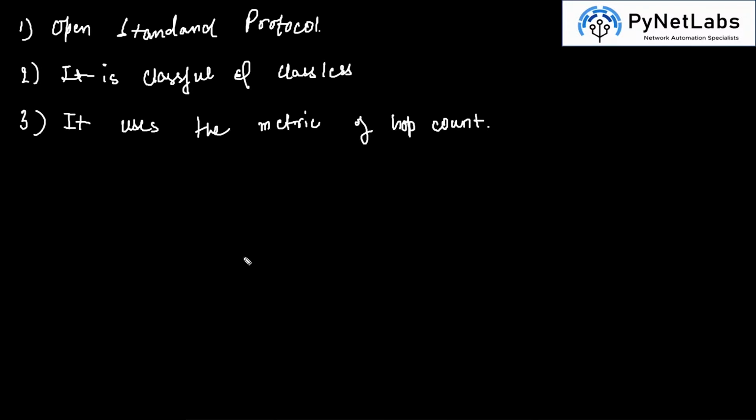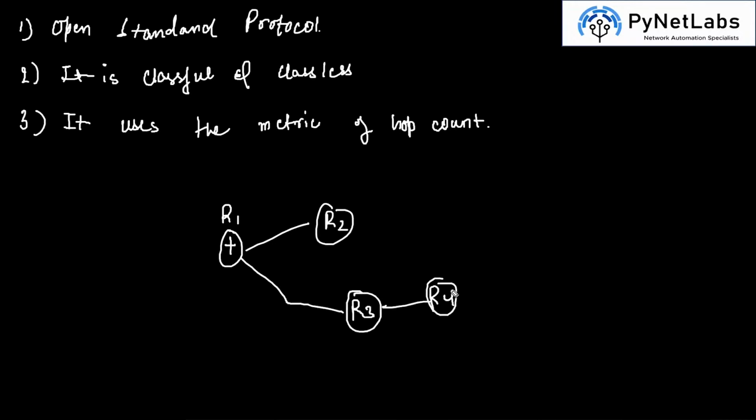So let's say there's a router R1 and we have another router R2. Then there's another route which is R3 and R4. Then there's the destination router R5. So in order to reach R5, if the network is connected over RIP, R1 will always choose R2, I mean this route, in order to reach the destination router R5.